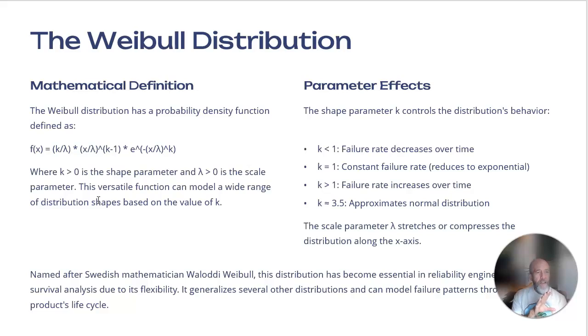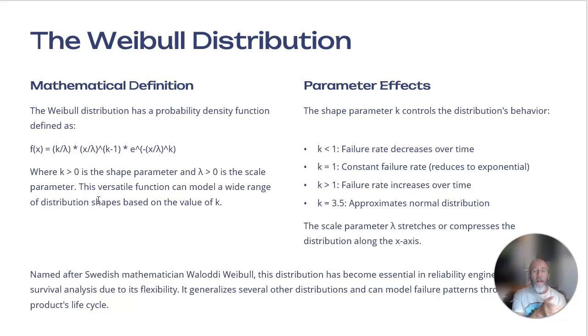You've got a K and a lambda there; K is the shape parameter, sometimes called beta, and lambda is the scale parameter, which is what you see in the exponential portion of the function. You notice there's an e to the negative x divided by lambda. Well, that looks a lot like the exponential function that you had before.